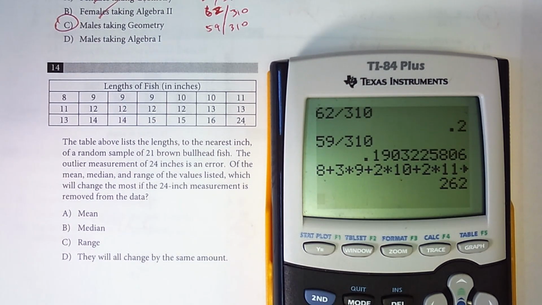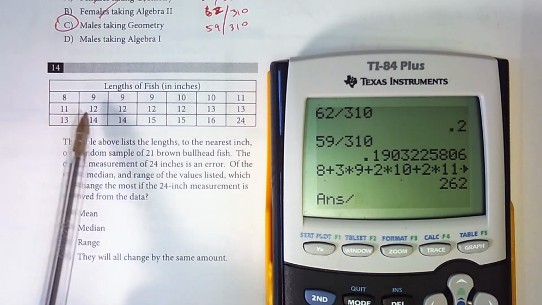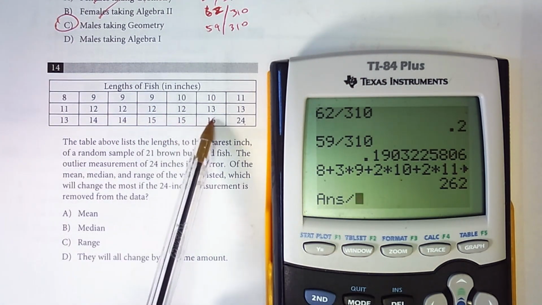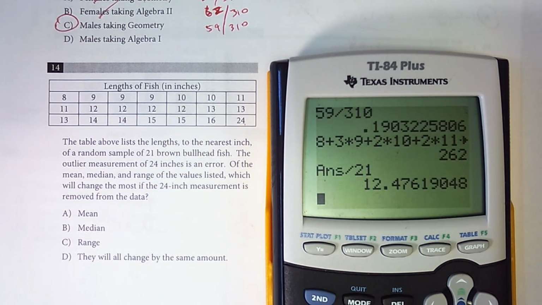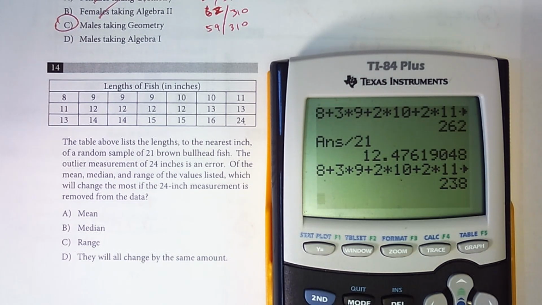So that's 262 total inches divided by how many fish? 3, 6, 9, 12, 15, 18, 21. So divided by 21 fish, we've got an average of 12.47. But what if we went up here, and I'm going to hit enter to bring that back in, and I will delete that last fish of 24 inches.